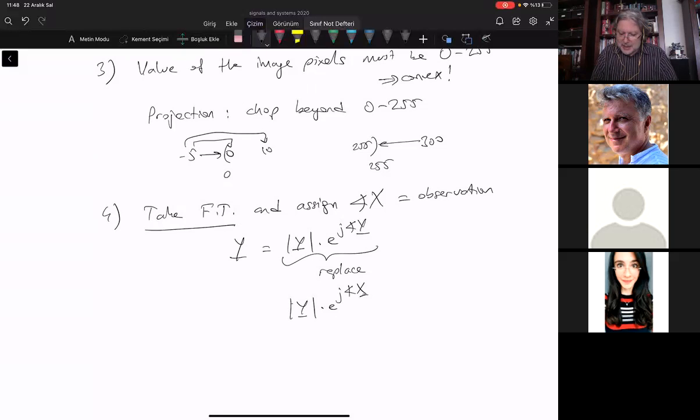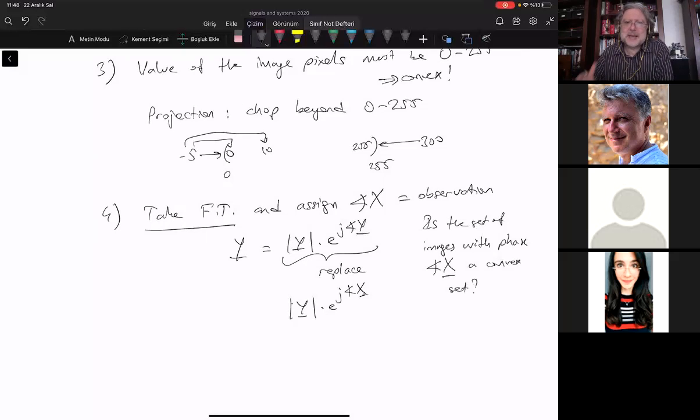Now, is the set of images with phase equal to angle of x a convex set?